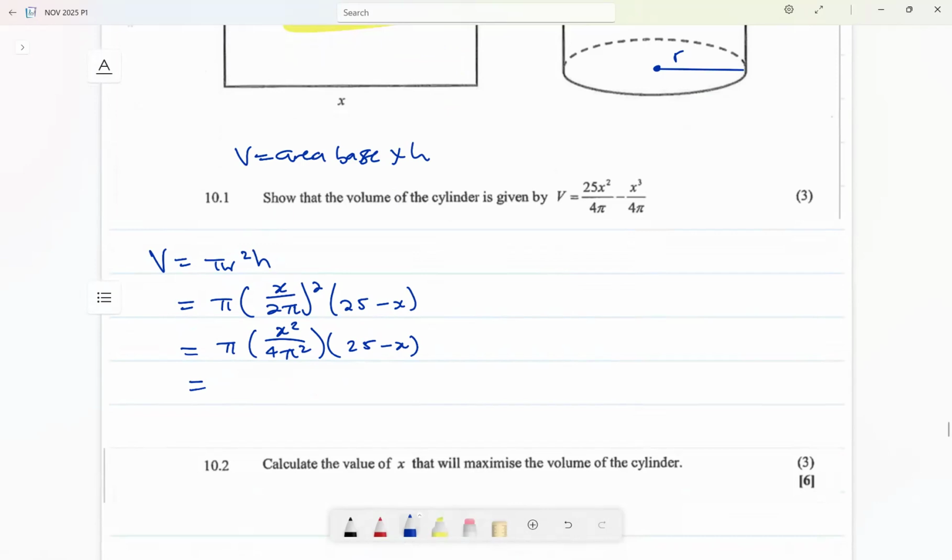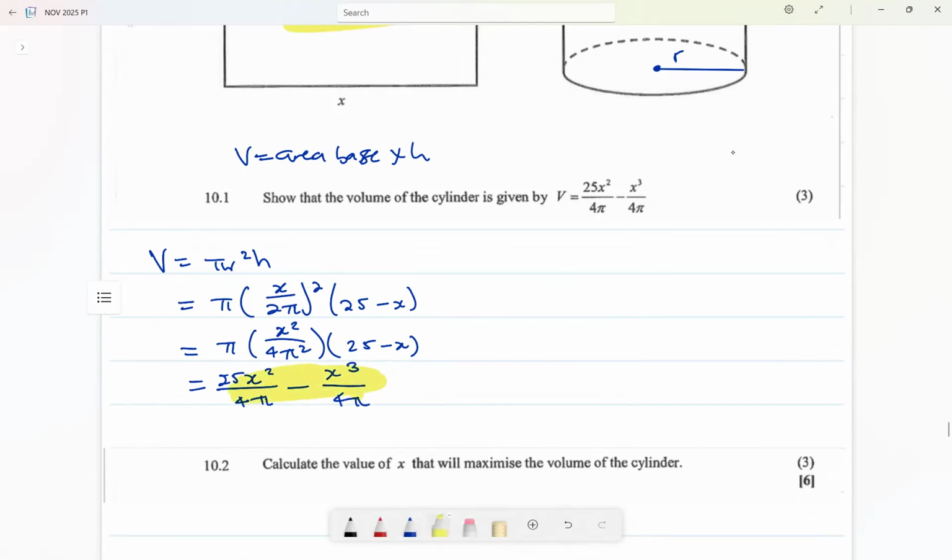So it's going to be 25 x squared divided by 4 pi, minus x squared divided by 4 pi multiplied by x, which means it is x cubed.